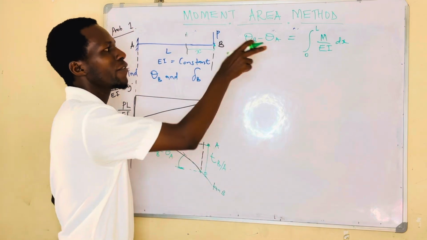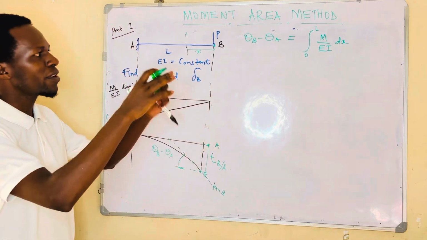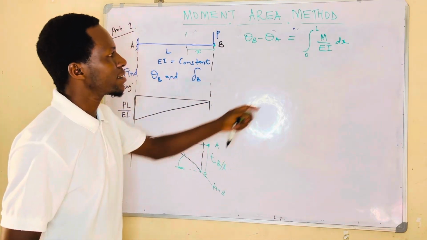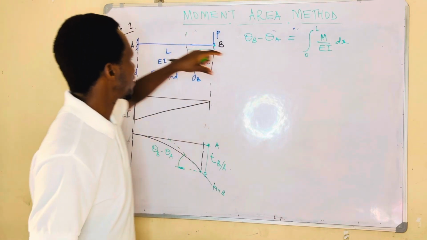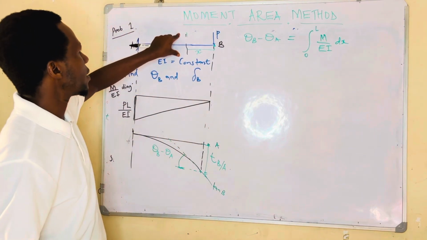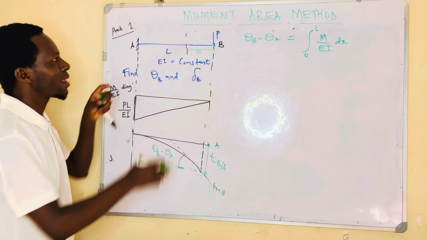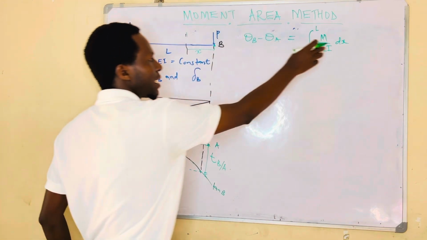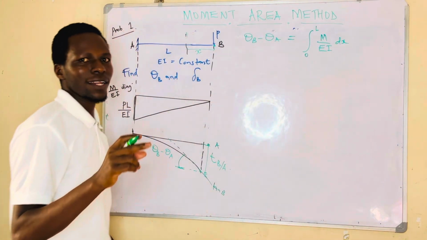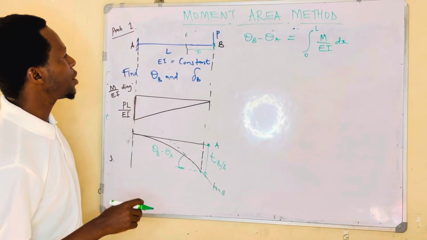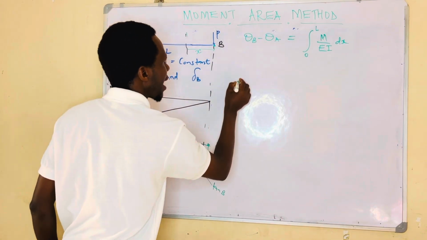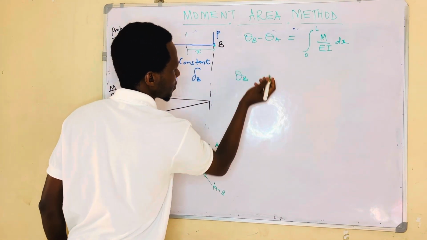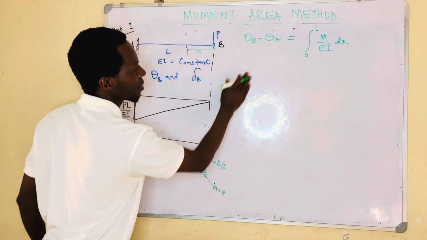According to the first theorem, you just need to get your moment from this diagram or from the question given, put it here, integrate, and you come out with the slope. Let me write it down here, since the light is not clear there.